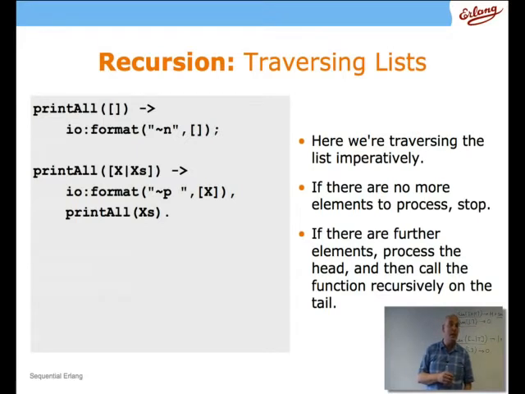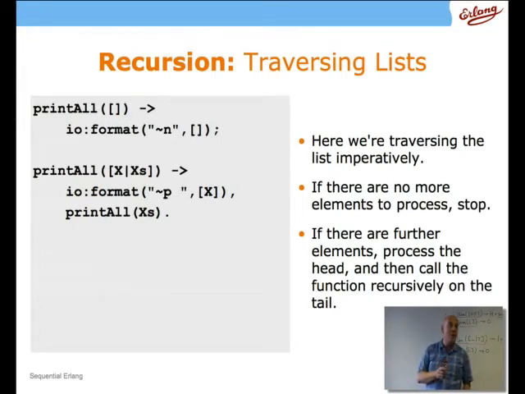That's what the tilde n stands for there. In the case you've got a list whose first element is x, what happens in the body? Well, what's going on is you first of all evaluate the io:format, which prints the element, followed by a space, and then you print the rest of the elements. So what you're doing there is performing an action at the first element and then iterating to look at the rest.